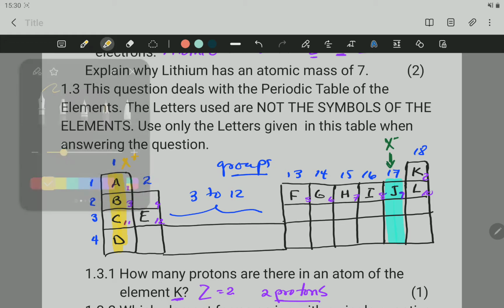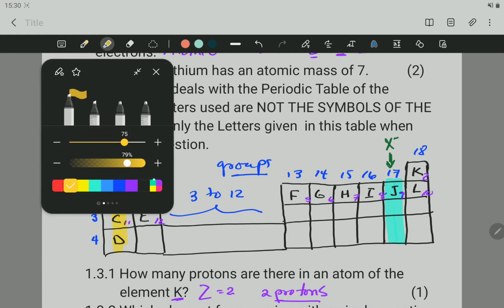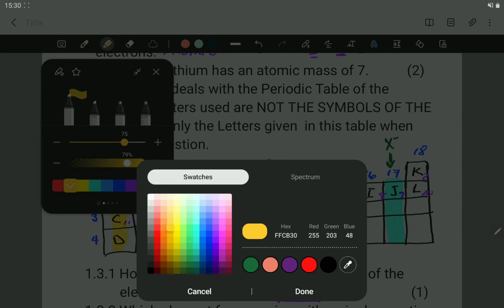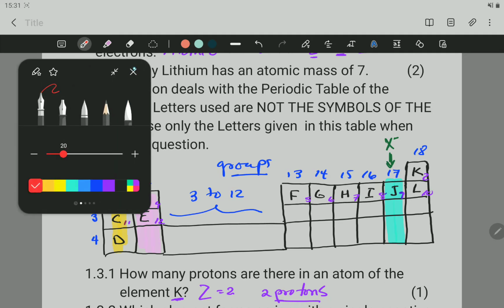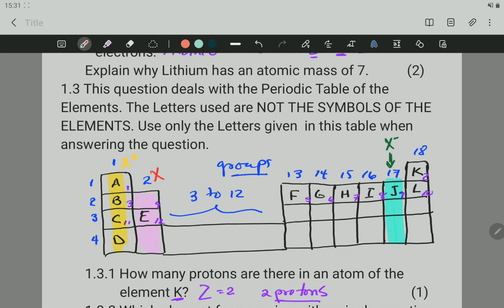And all the atoms in the second group will form an ion of 2 plus. Remember, by convention, we write first the number, so it's going to be 2 plus. All the atoms in this group will form a 2 plus, all of them.